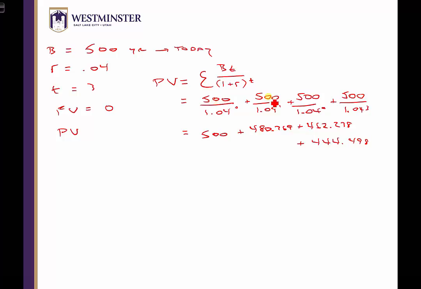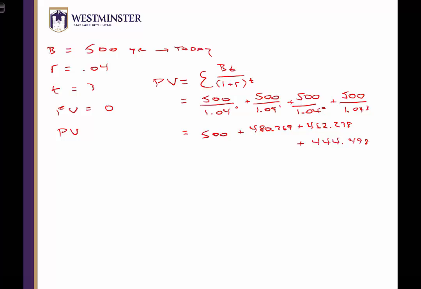Now, before I actually sum these, look at this. We have the same $500 at each point for 4 periods, with the first period being right now. And right now, $500 is worth $500. A year from now, assuming a 4% discount factor, $500 is only worth $480.77. 2 years from now, $500, assuming a 4% discount factor, is only worth $462.28.